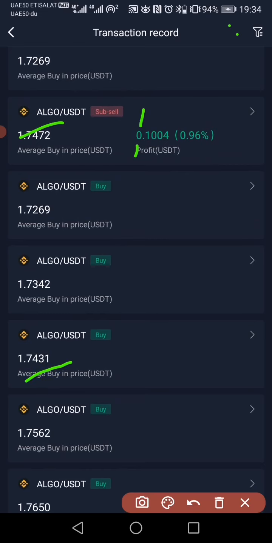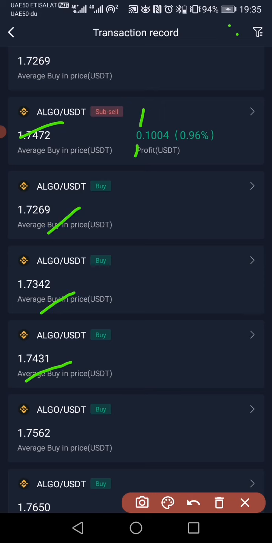At this point here, the average price was 1.7431. It bought again here, and the average price came down. It bought again. If you look at the average price, you see that it is coming down for every buy.